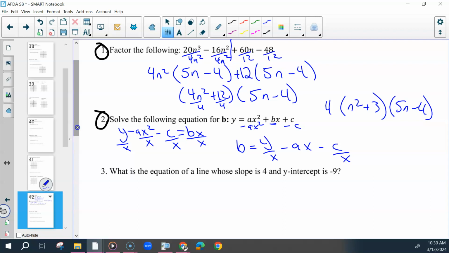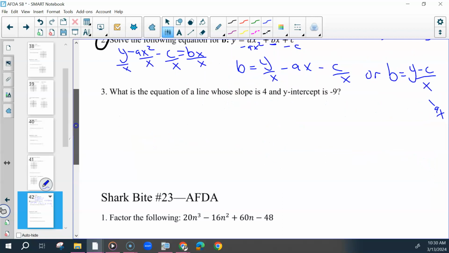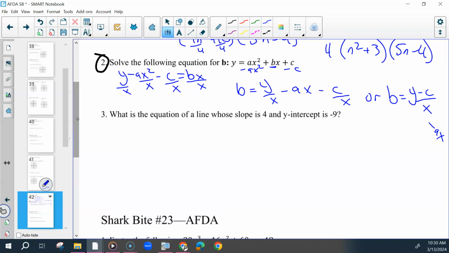Or you could combine the y over x and the negative c over x: y minus c over x, minus ax at the end. And then that would be the equation solved for b by itself. Question on that? Other questions we want to see on the chart, right?